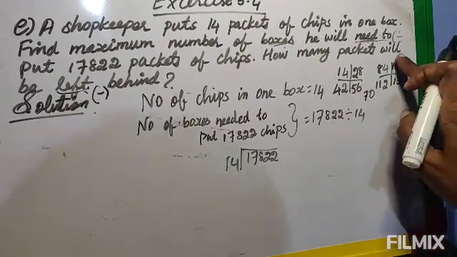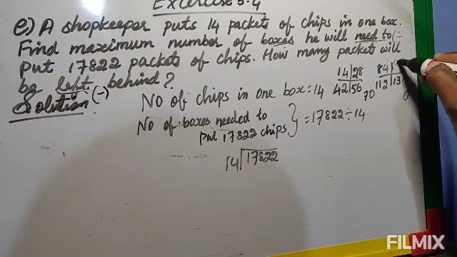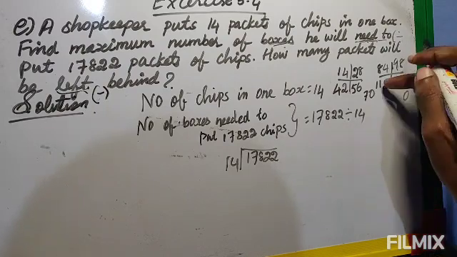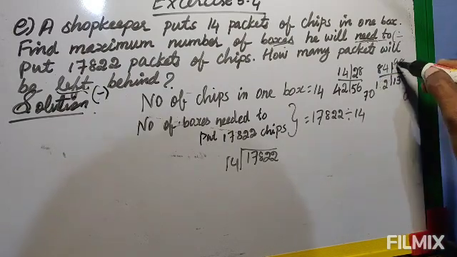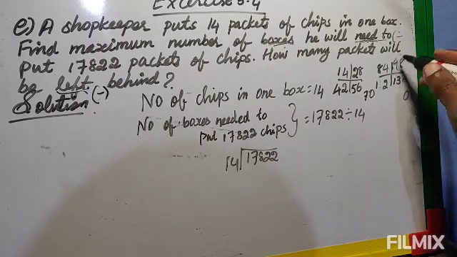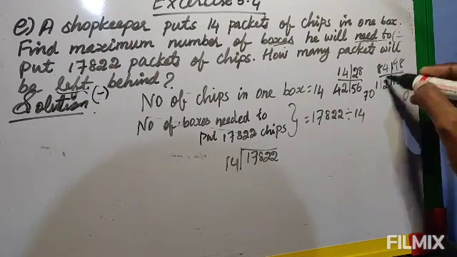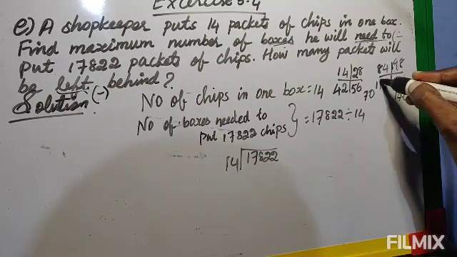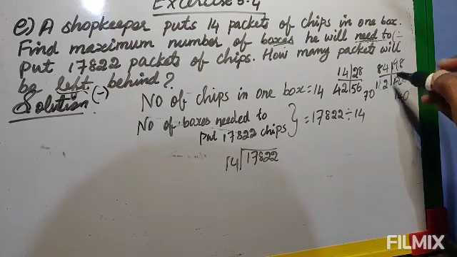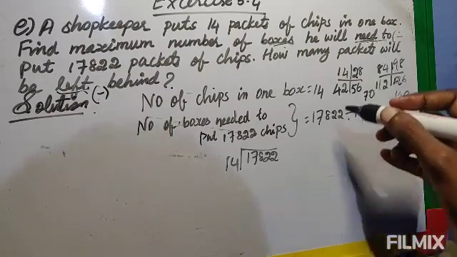Okay, here I made a mistake, you have to write 8, 9, then leave 10, write 11, then leave 12, and here you have to write 13, 14. This is the way we write the table.